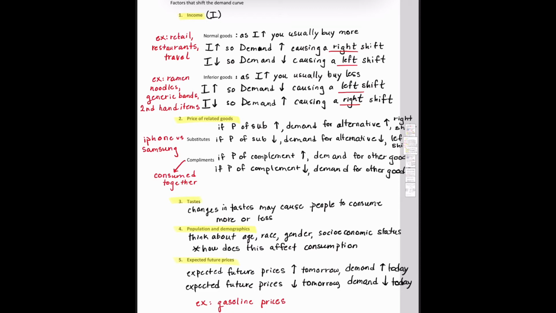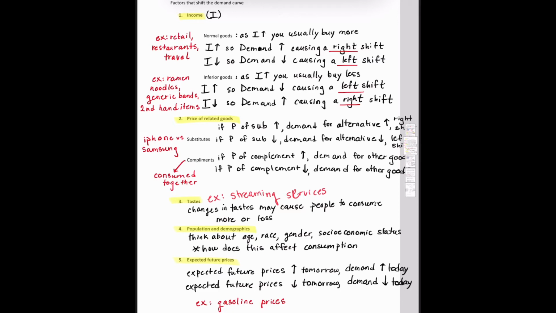If more people decide to cut the cable and instead subscribe to these streaming services, again, more people are switching preferences and taste towards a specific good or service in this case. So this is just an interesting example to follow when it comes to demand for streaming services as people's tastes change.